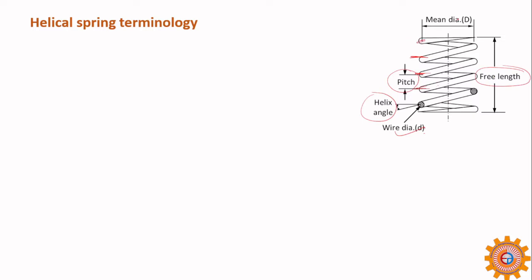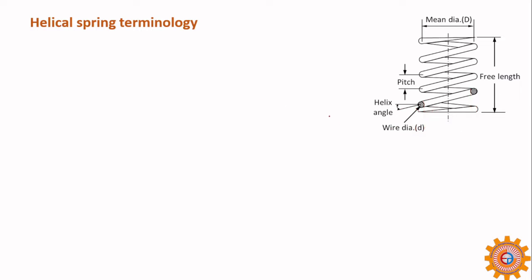Center to center we call the mean diameter. The word mean means there is an outer and an inner, and if you take the average, that we call the mean. The inner one is the inner diameter, this is the external diameter, this is outer and this is inner, and this is the coil wire diameter.